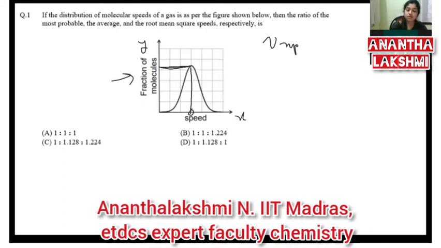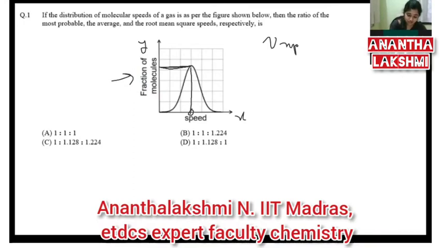Okay, now what will be the average speed? So we know what average speed is, right? Usually it's V1 plus V2 plus up till Vn. Let's say there are n molecules. In that case, when you take the mean of all the speeds, you will get the average speed. So here, since the graph is symmetric, when you average all the speeds, obviously, this is just maths, you'll again get the midpoint, right?